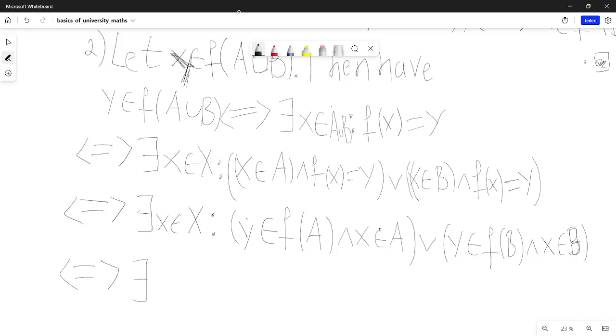Okay, I shouldn't have been that precise, but okay, if we are already there, just add here that piece because otherwise we are missing out. There exists an x element X such that y element f of A and x element A. And here add the piece of information too.